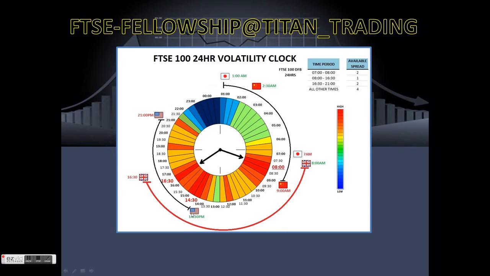So what I'm trying to show you here is the other stock markets in the world that really do affect the FTSE 100. If we look here, you've got the American US markets, Wall Street, Dow Jones, S&P, opening at 2:30 in the afternoon, and that's when you're going to get relatively high volatility and price action movements.